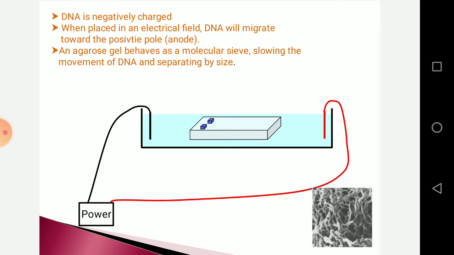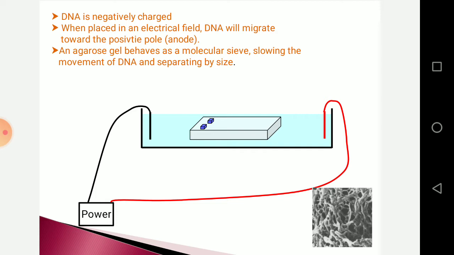DNA is negatively charged. You must be knowing the nucleic acid is negatively charged. When placed in an electrical field, DNA will migrate towards the positive pole. So why we apply the electrical charge? Since DNA is negatively charged, after applying this electrical charge, the DNA moves towards the positive pole.